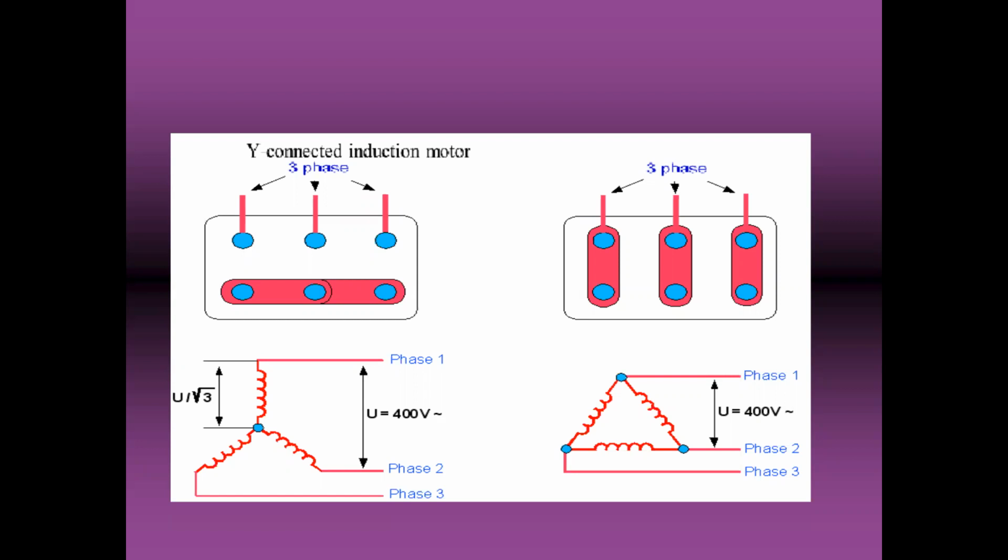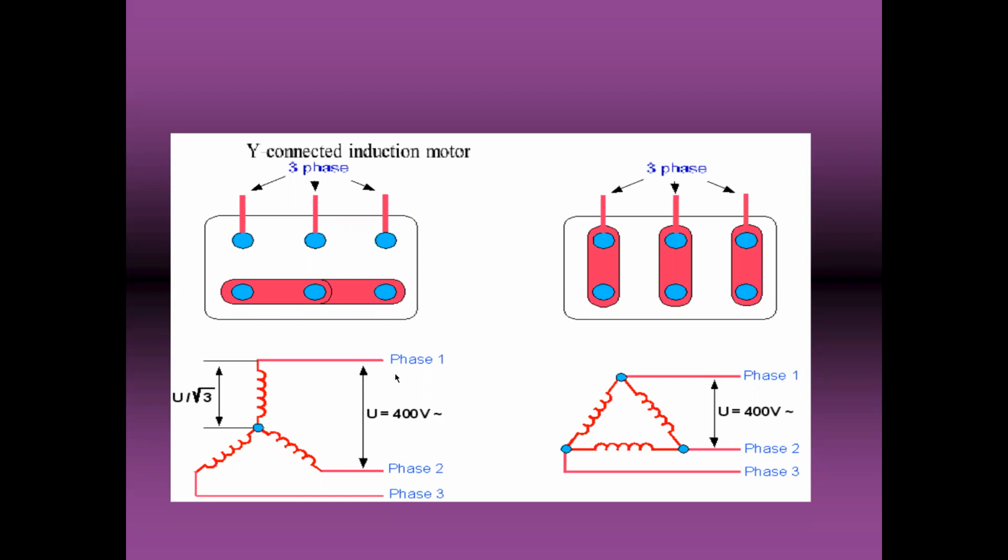When it gets started, meaning it reaches 70% or 80% speed, the winding connection is changed to delta. For that we use 3 contactors. All 6 terminals are brought to your starter panel.